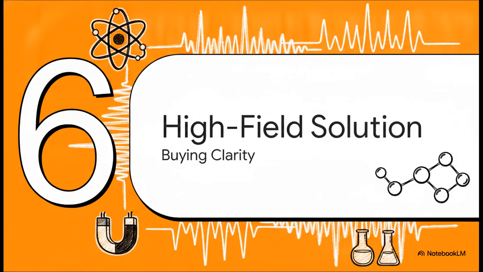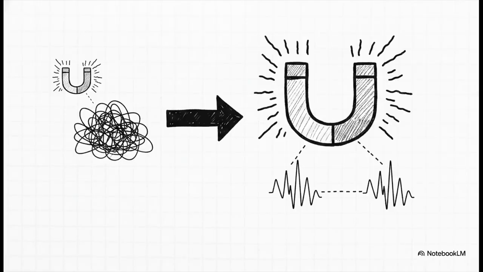Which brings us to our final section, Section 6, the high-field spectrometer solution, buying clarity. Fortunately for us, analytical chemists have a very practical, albeit incredibly expensive, hardware solution to this quantum problem. Remember our golden rule about coupling constants? They never, ever change. But the chemical shift difference, measured in Hertz, absolutely does change based on the power of the magnet you're using.